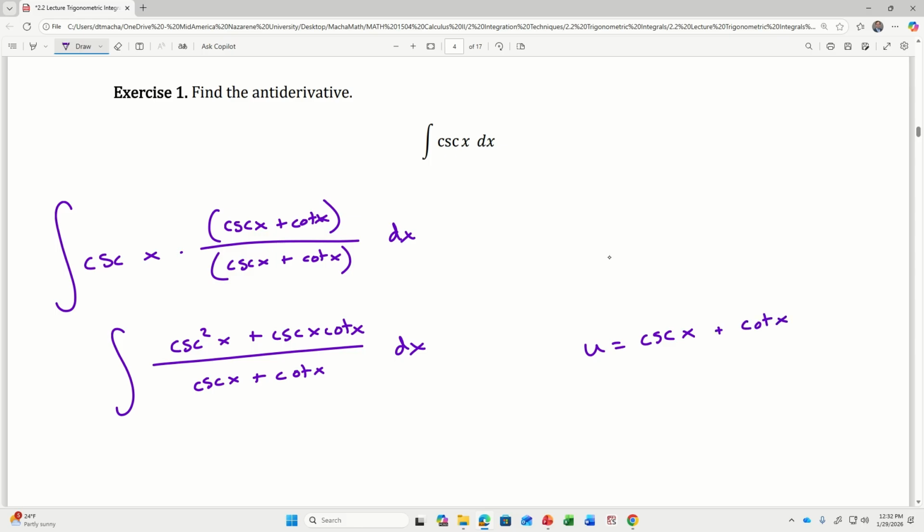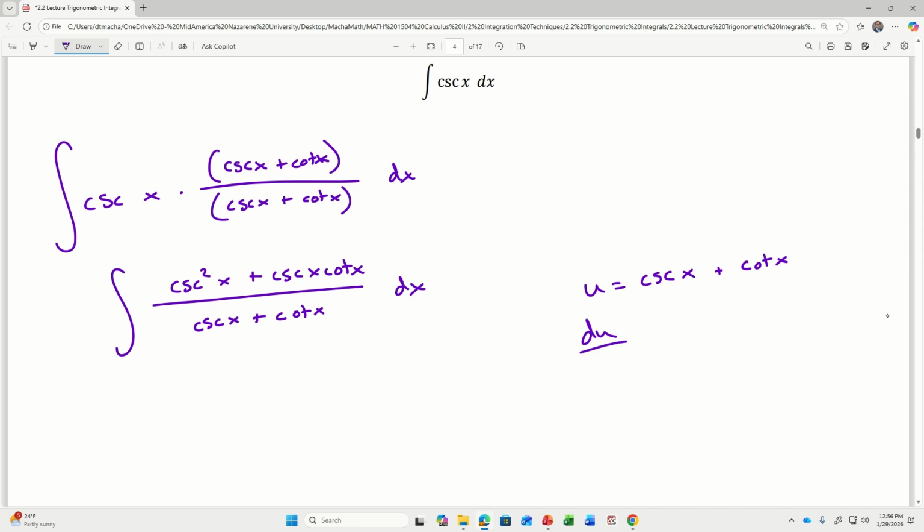And then the derivative here, sorry, I didn't think it was going to be important. Well, the derivative of cosecant is negative cosecant cotangent. And the derivative of cotangent is negative cosecant squared. And so that shows up in my numerator, but with a minus sign.